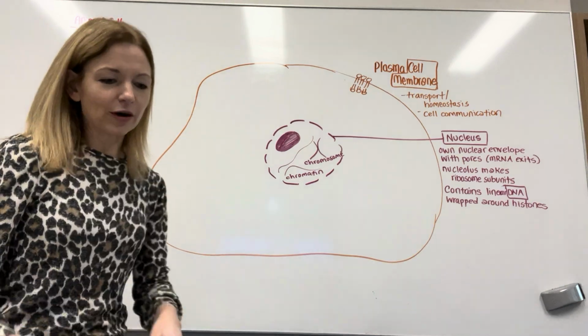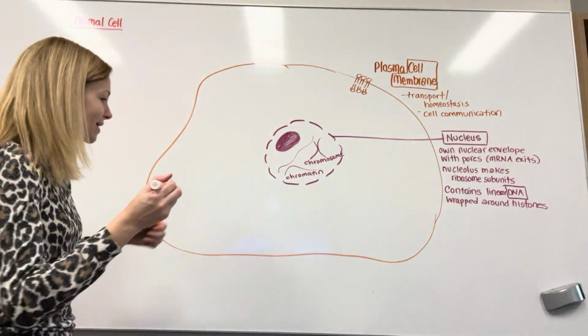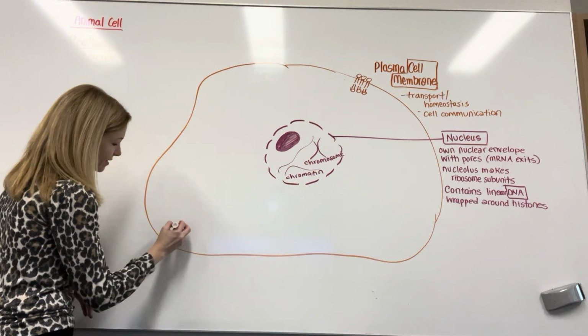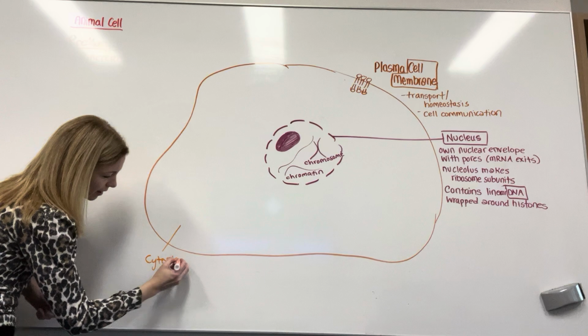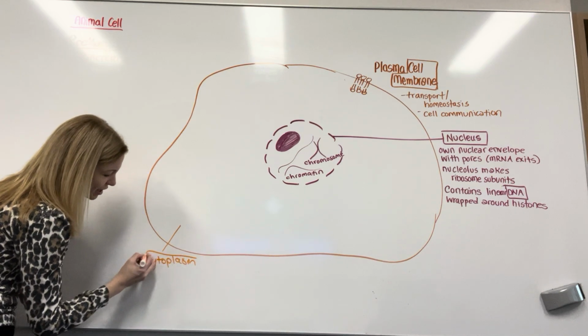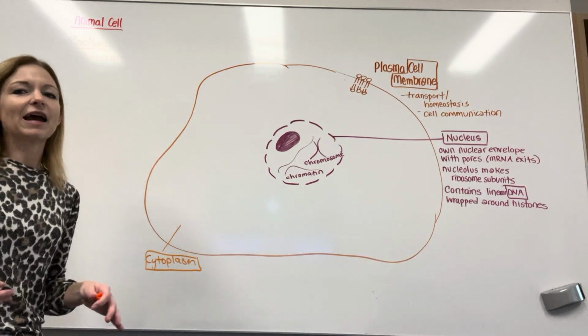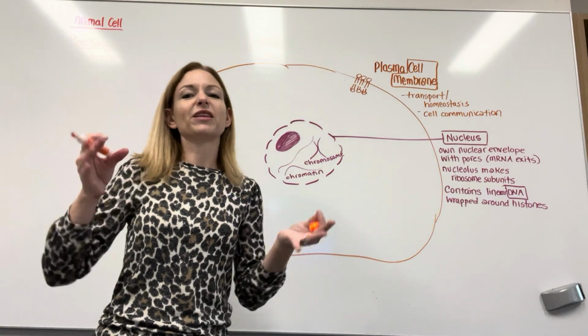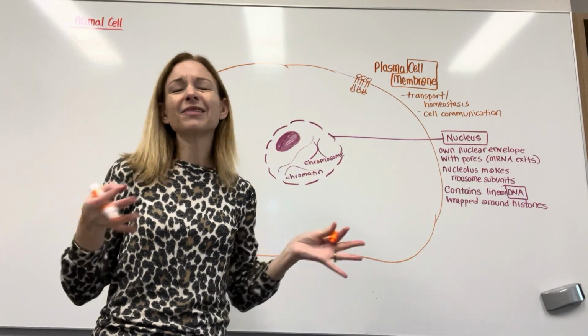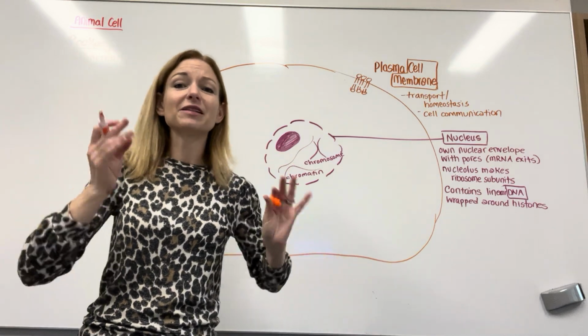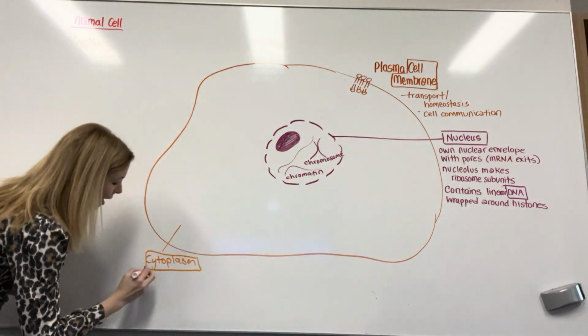Okay, next thing let's get on here is the cytoplasm. So this whole area is going to be my cytoplasm. Slight distinction, when we talk cytoplasm, the actual fluid is called the cytosol. The area is the cytoplasm. A lot of times they get used interchangeably, so I wouldn't worry too much about it.